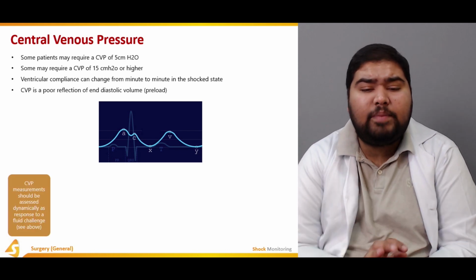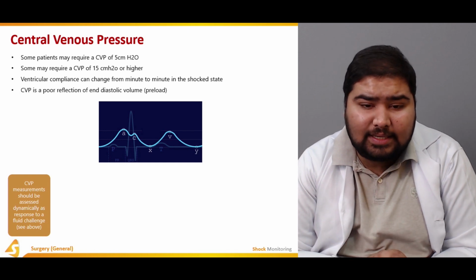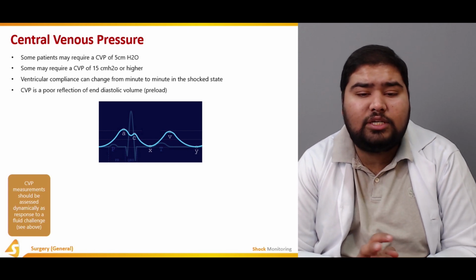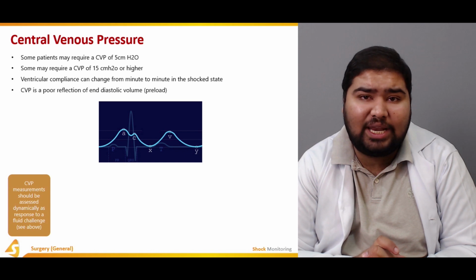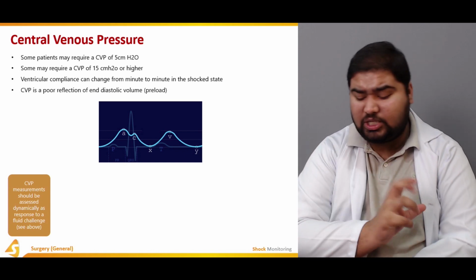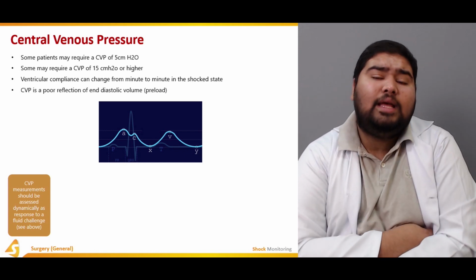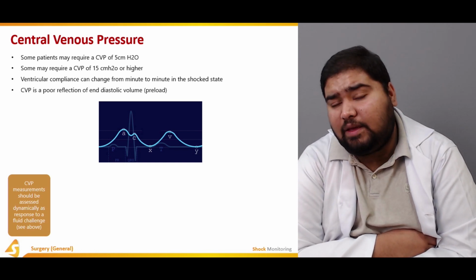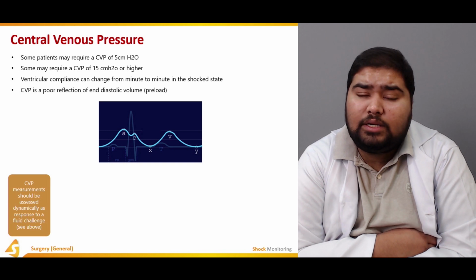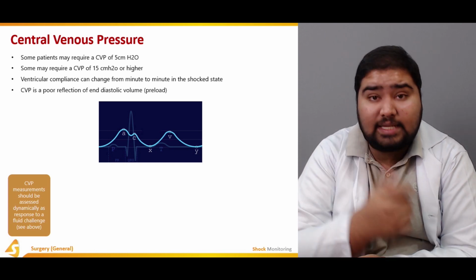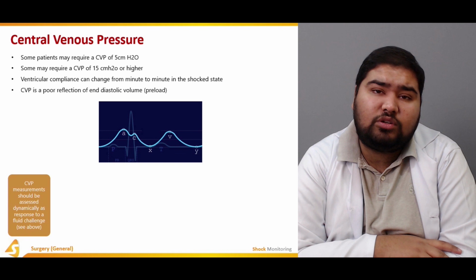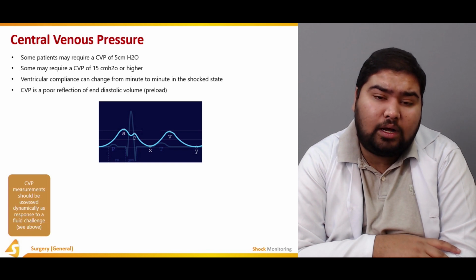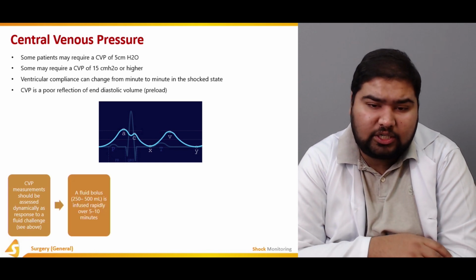Now, CVP measurement should be assessed dynamically as a response to the fluid challenge. So fluid challenge is something that is done, and the response to fluid challenge is checked by the CVP. This response to fluid challenge assesses the response to the treatment of shock of the patient.